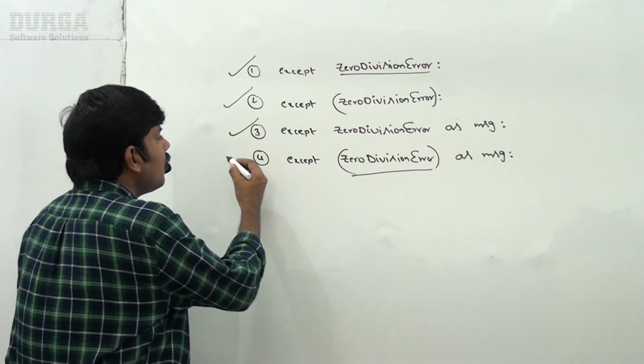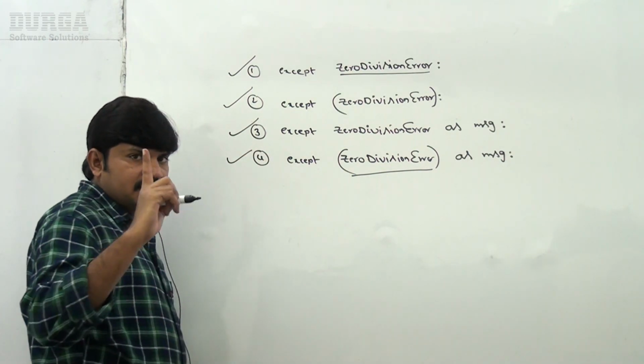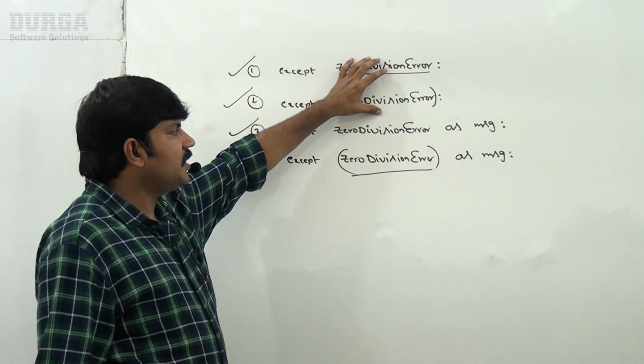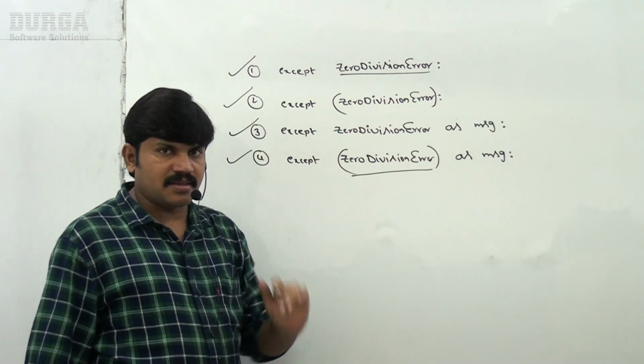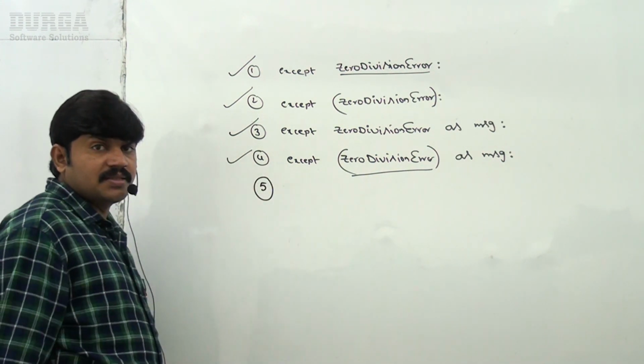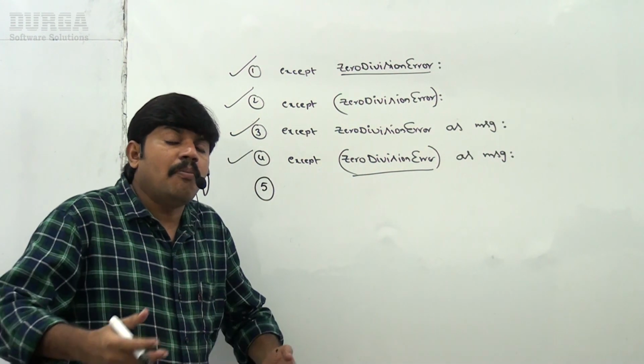Okay, so to handle a single exception, sir, how many syntaxes are there? These are the things. Next, sir, if I consider the fifth one, listen carefully. I want to handle multiple exceptions.